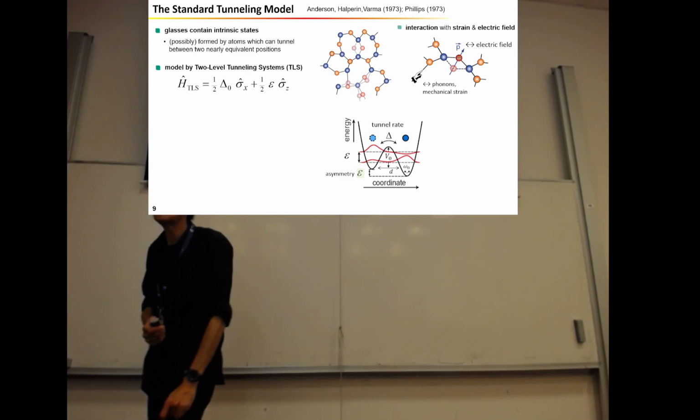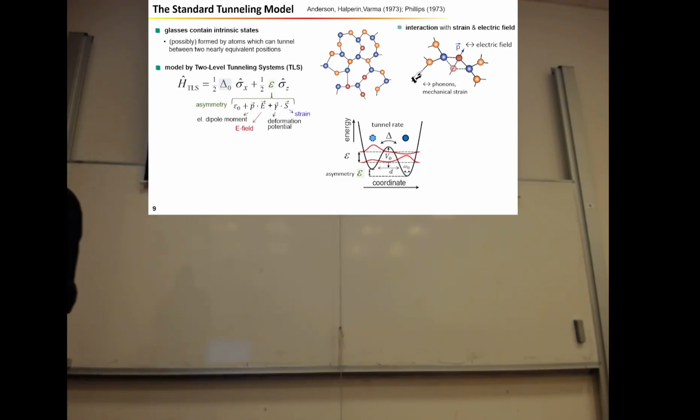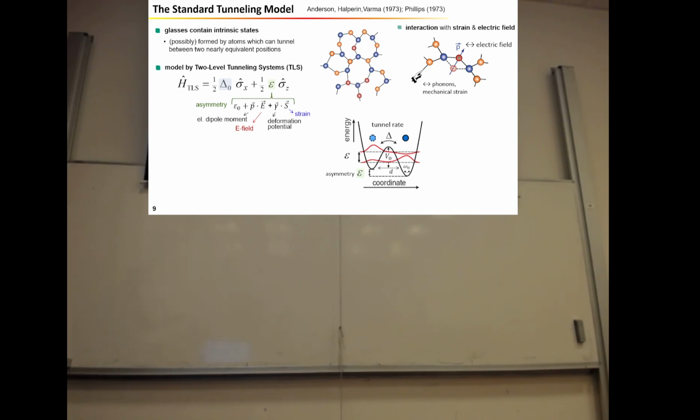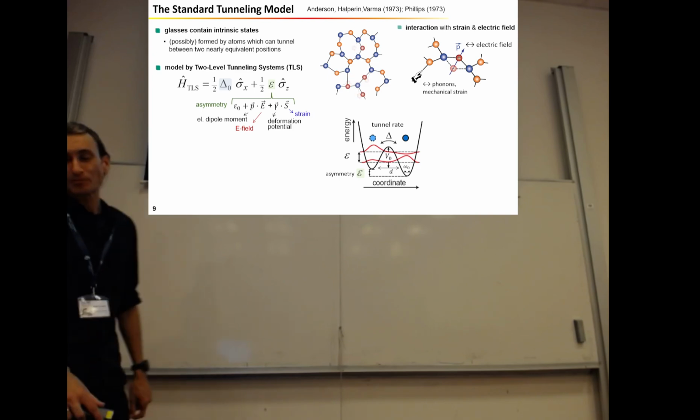So we expect that these TLS couple strain to electric field, and by some reasonable thoughts, you can come to the conclusion that this tunneling rate is basically constant, but only this asymmetry energy will depend on external parameters, which is now the electric field, coupling to the dipole moment of the TLS, and likewise the mechanical strain, which couples to another constant, which is called the deformation potential.